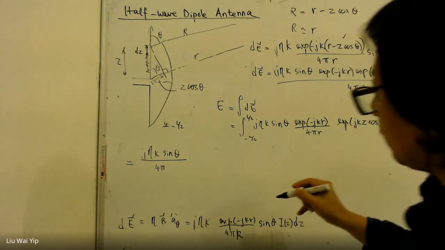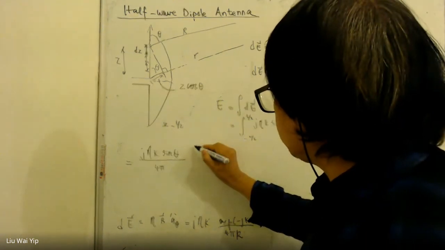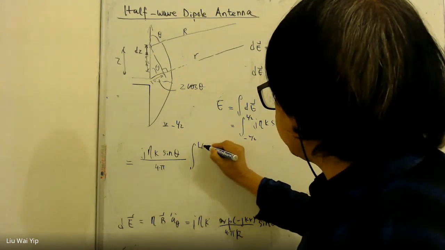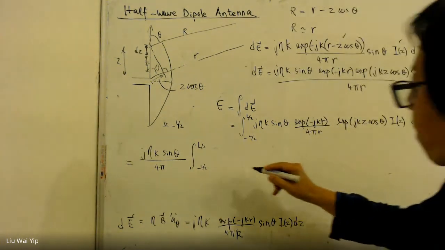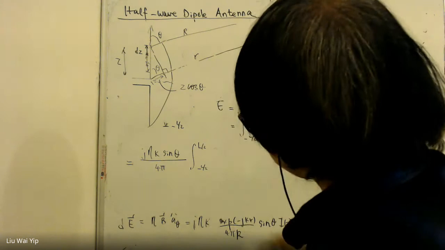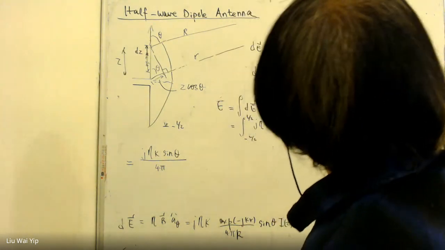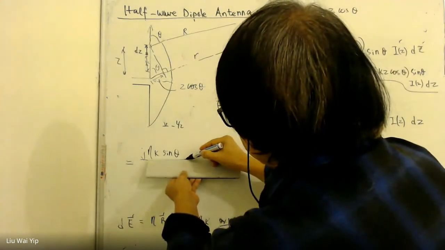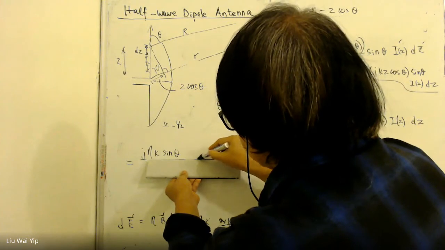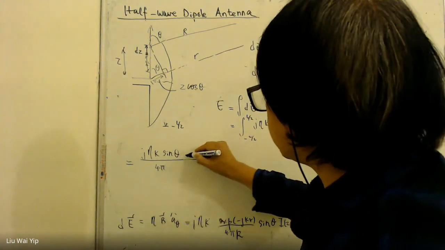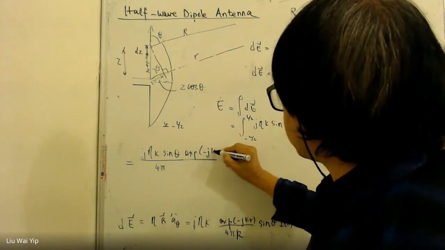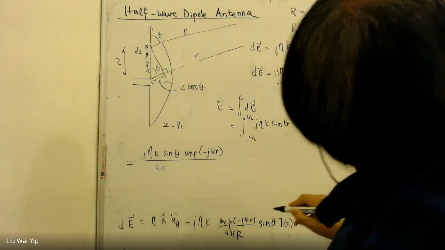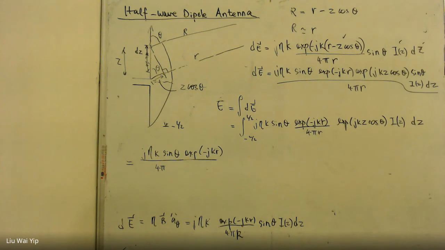So what we have left here is going to be this one. Also, this one can be moved on as well. I'm not sure whether R should be moved on.